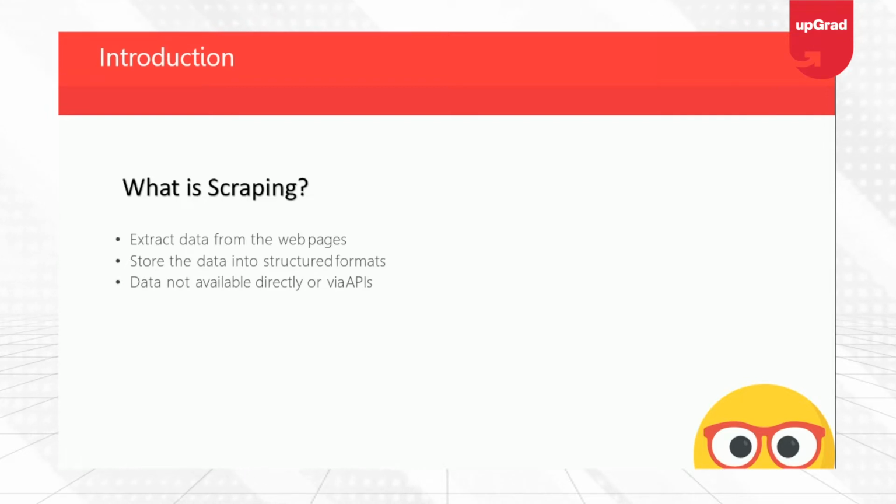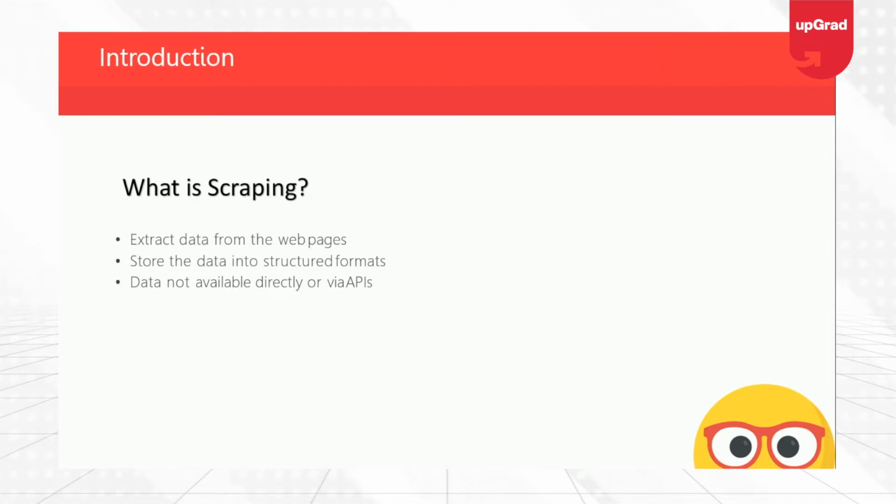So in other words, we can define web scraping as the practice of gathering data through any means. What those means can be? It can be interacting with any given API, or it can be reading the HTML from a web page directly.